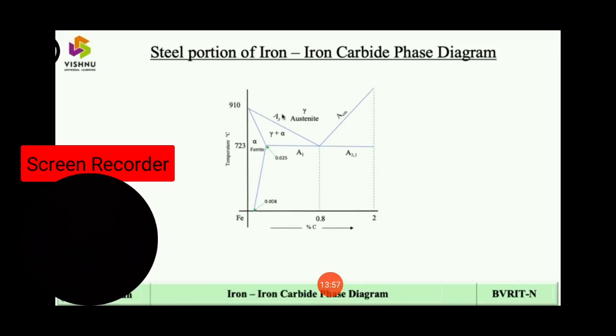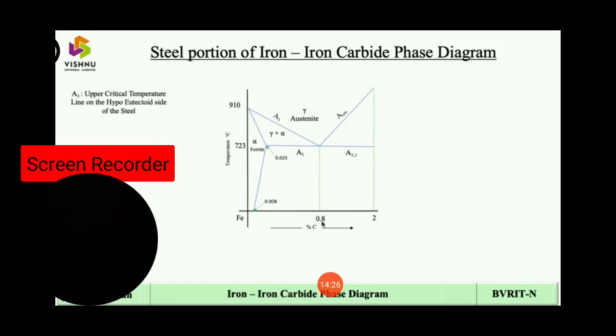Now furthermore, we have to understand something about the lines represented here, which are the transformation lines, also called critical temperature lines. Now we label them as A3, A1, ACM and A3,1. They are also called upper critical temperature lines and lower critical temperature lines, and they are on either side of the eutectoid temperature line.